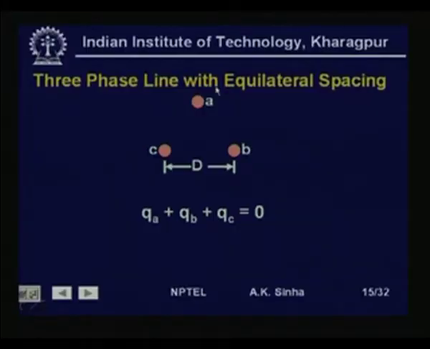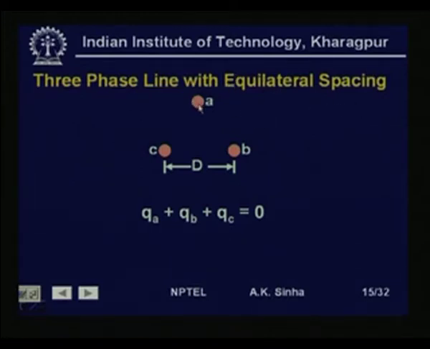We will start with the 3-phase line with equilateral spacing, because as we have seen for inductance calculation, if the line is transposed, we can always convert any system into an equivalent 3-phase equilateral spacing of the conductors by finding out the equivalent distance DEQ.